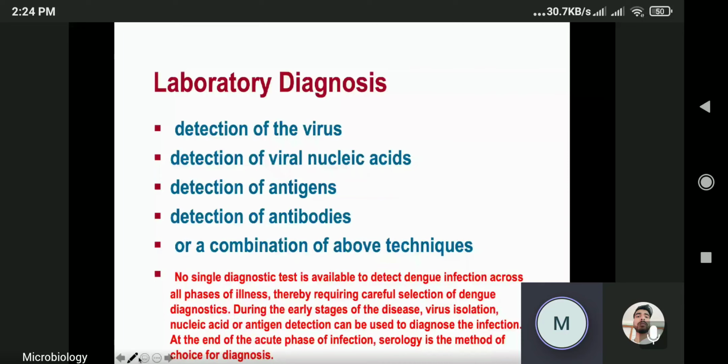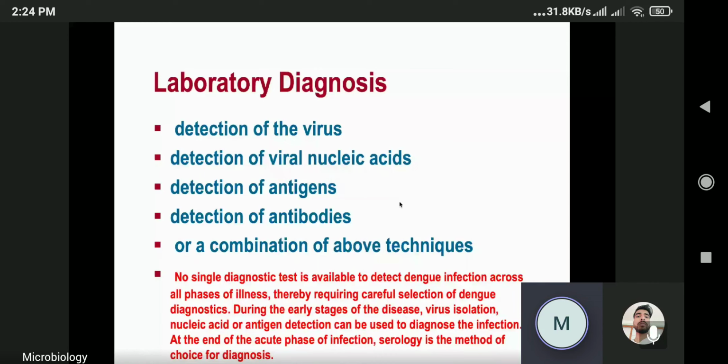Okay, in our setup, virus detection and nucleic acid detection are not very practical, because we are not doing the culture and we are not detecting the viral-specific RNA genome routinely by PCR. But these two methods, based on the principle of antigen antibody reaction, can detect the antigen or the antibody of the dengue virus in the patient serum.